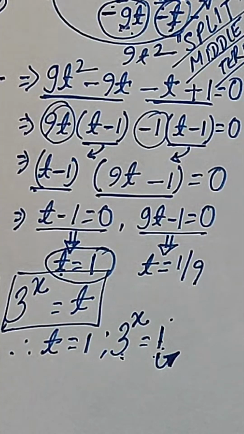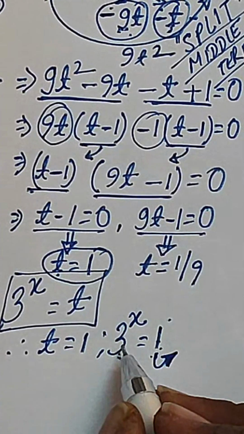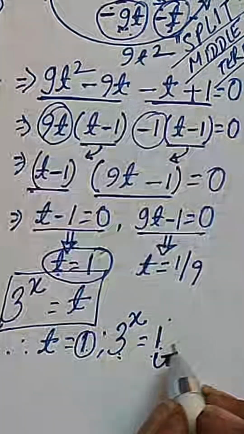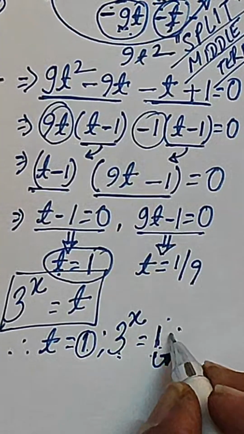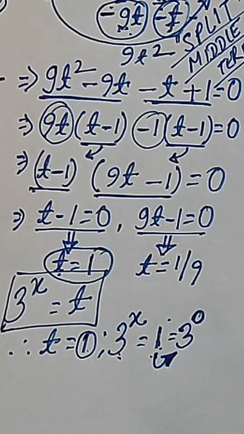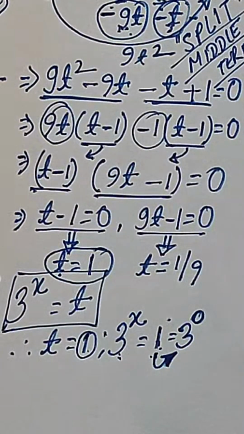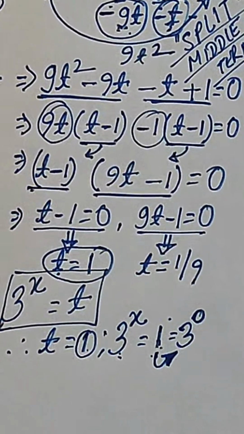So if anything power 0 is 1, then 1 can be written as 3 power 0, isn't it? If this happens, then only you can compare that the base is the same over here.